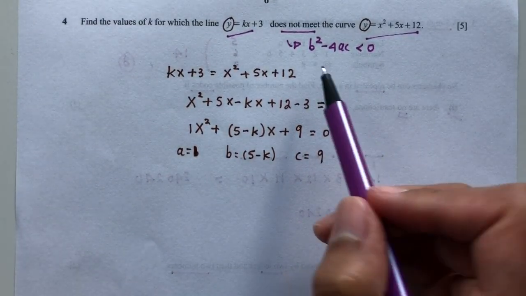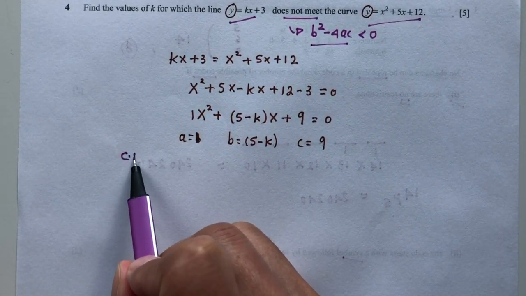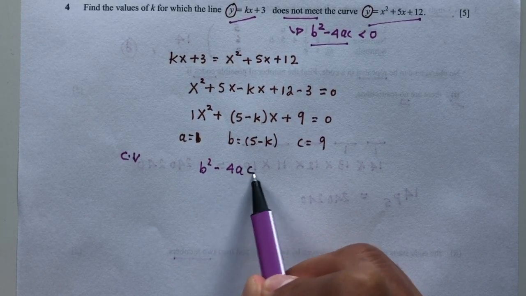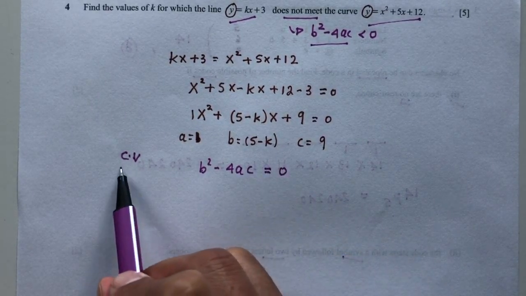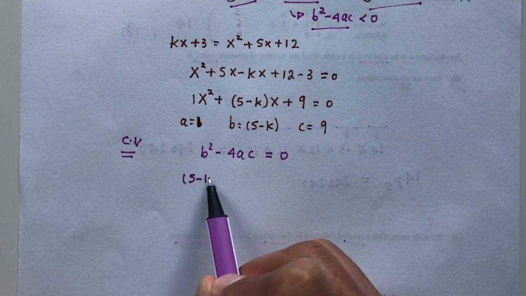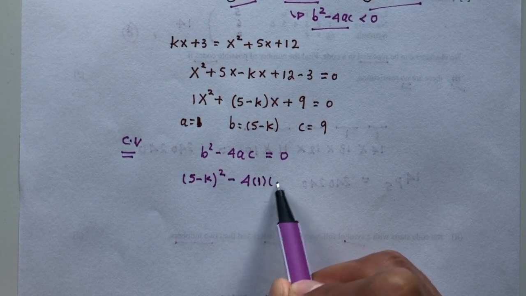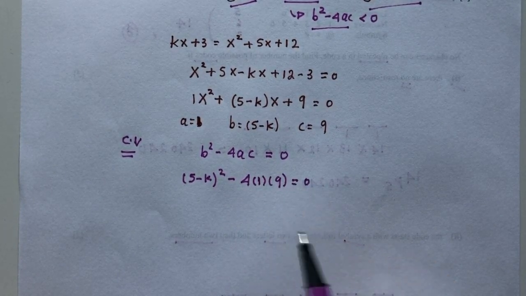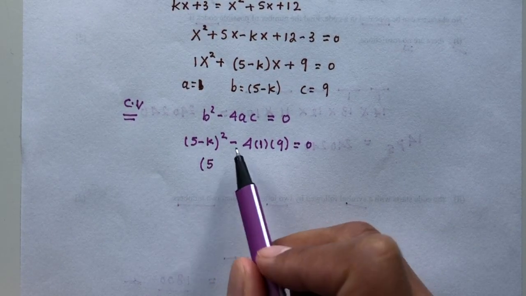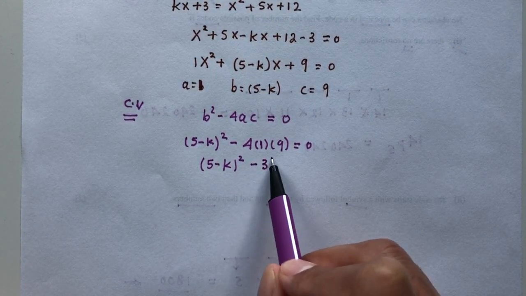Now we have to use this, but for now let's find the critical values. So critical values is b squared minus 4ac is equal to 0 at the critical values. Now b squared is (5 minus k) squared minus 4 times a times c. So if you simplify, you observe we have (5 minus k) squared minus 36.